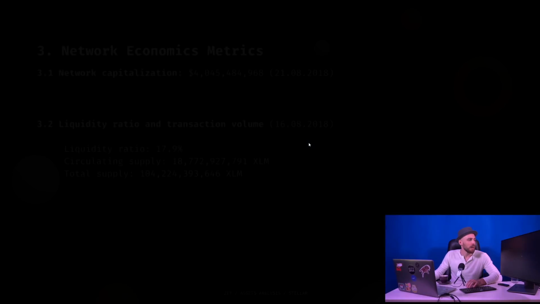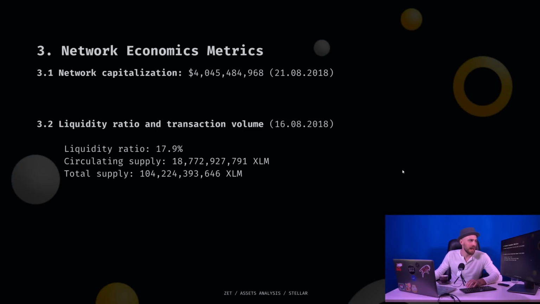Network economics: what is important here is that the network capitalization of Stellar is 4 billion. That's pretty awesome, and it suggests this network is stable. What is more important is that the liquidity ratio is about 18%. Not very big, but I believe it will be growing.